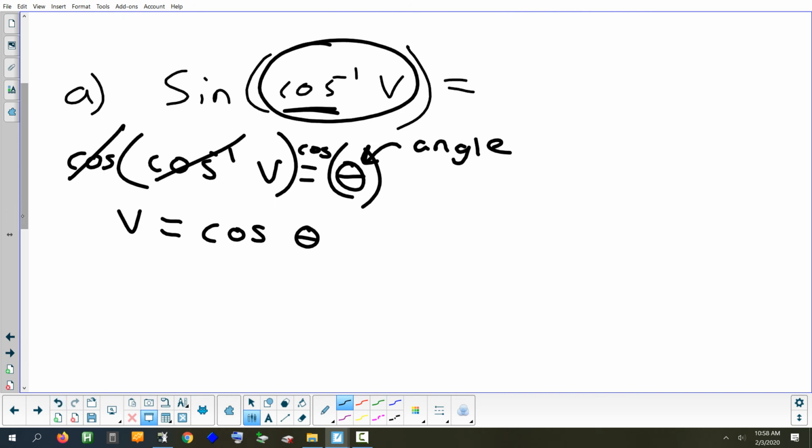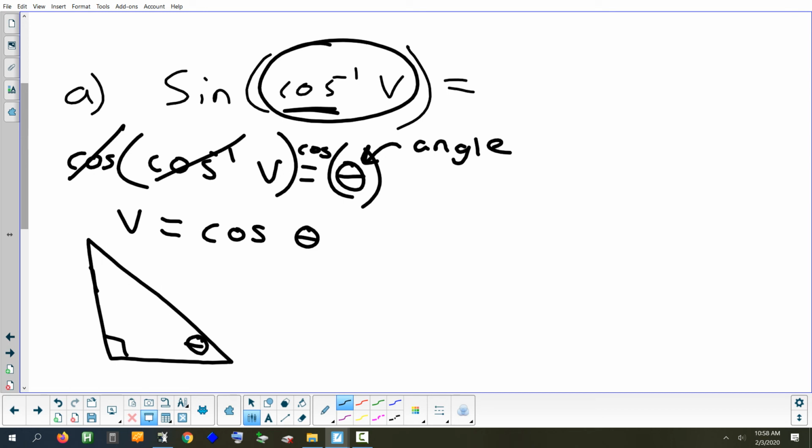Now I want to draw a picture of that. That's what I want to draw a picture of. So I'm going to set up a right triangle diagram. It does not matter where you put theta. It doesn't matter at all. You're going to get the same answer no matter where you put it. I'm going to put it there.